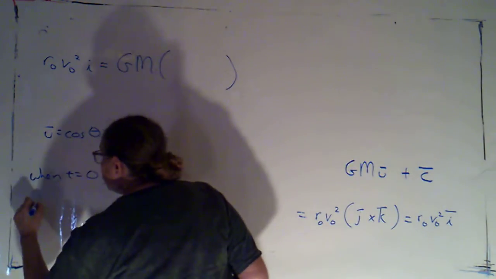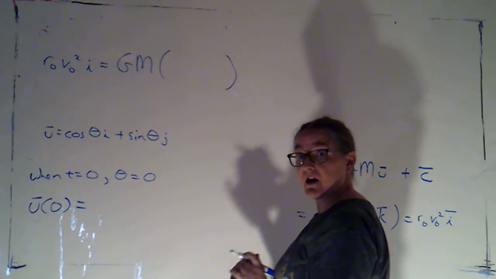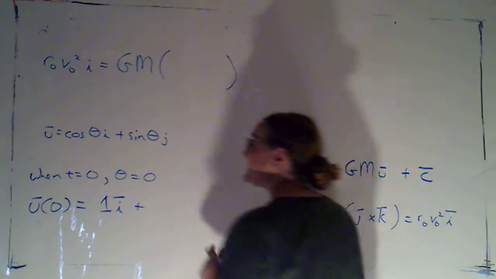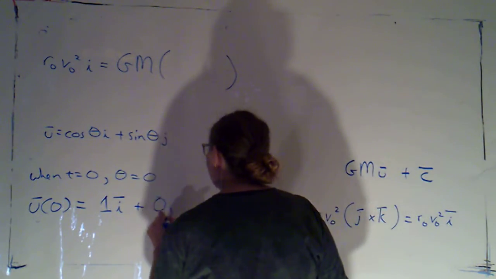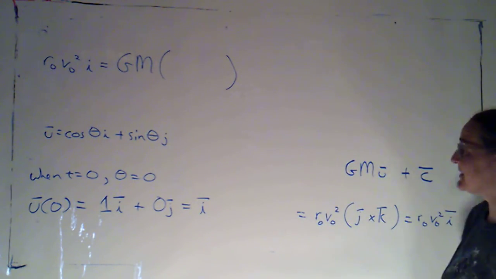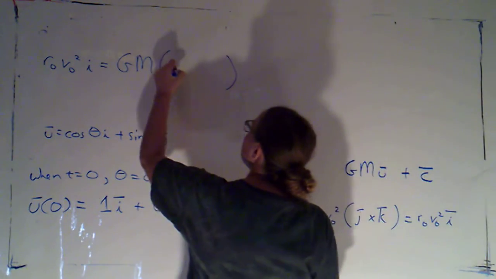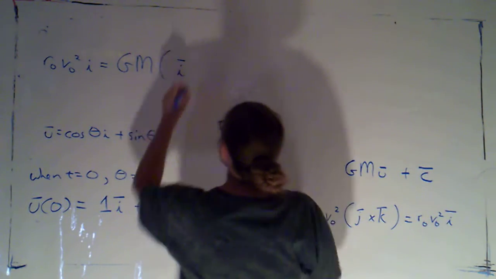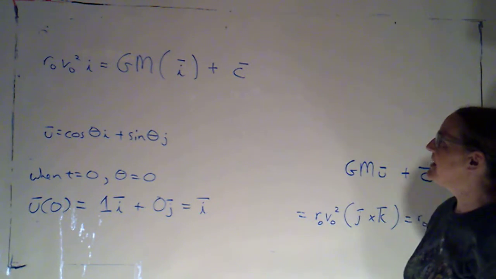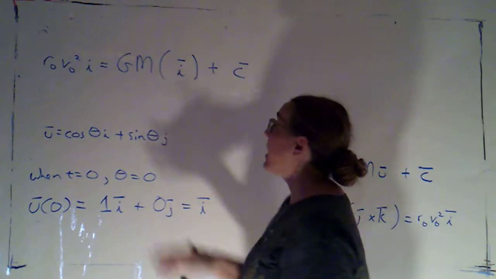So u evaluated at time 0 will be cosine of 0, which is 1, copy of i, plus sine of 0, which is 0, copies of j. So that's just i. So gmu actually becomes gmi, and then plus c. We want to try to solve for c, so of course I'm going to subtract this over.